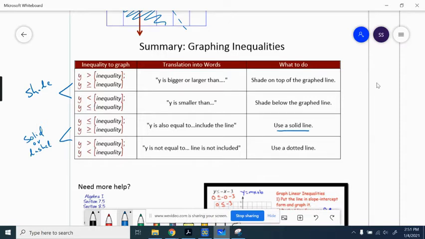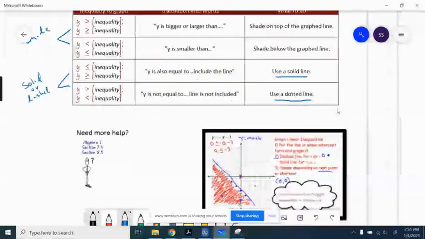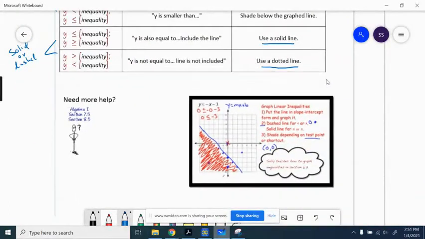If we don't have those lines underneath, like these two examples here, if they're just less than or greater than, we're going to use a dotted line. So hopefully this little graphic helps you. If you do need more help with this, you can watch some of the videos I have for Algebra 1. I'll go ahead and link them on the Google Classroom Google Doc.